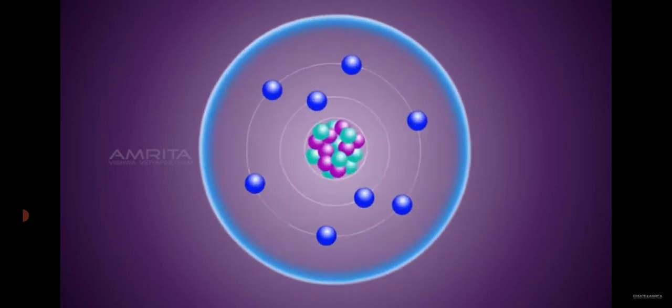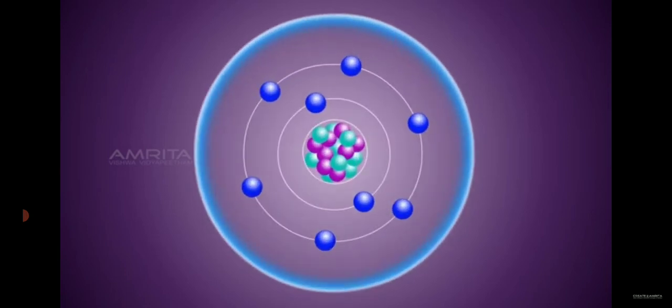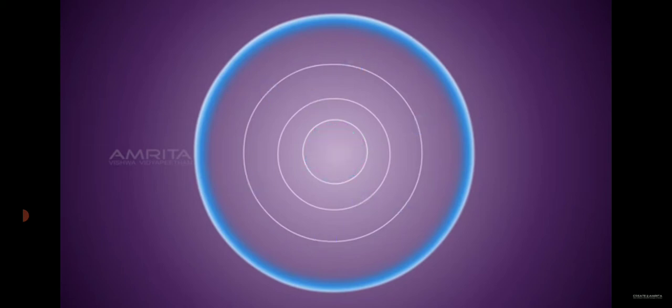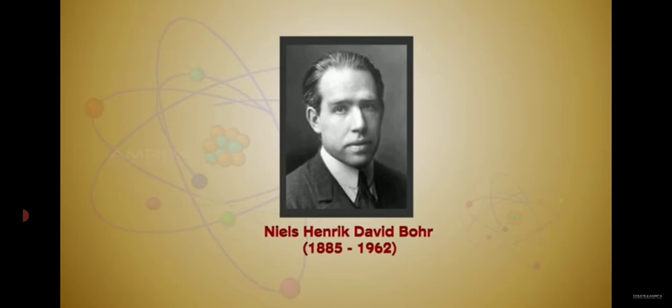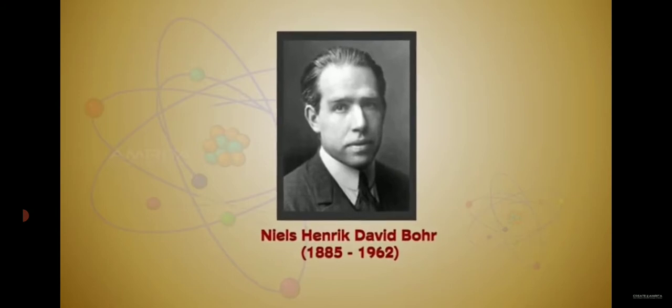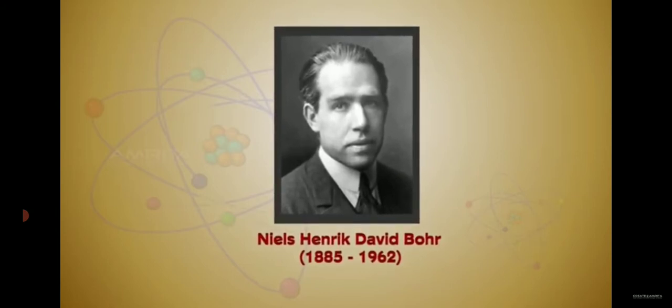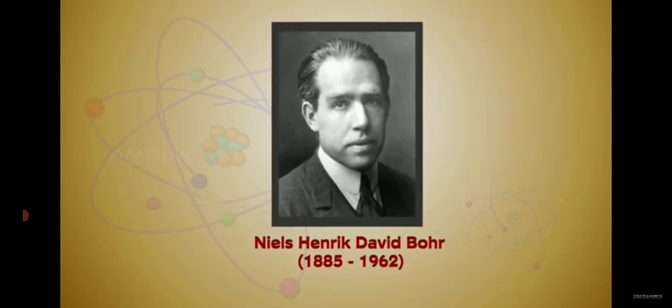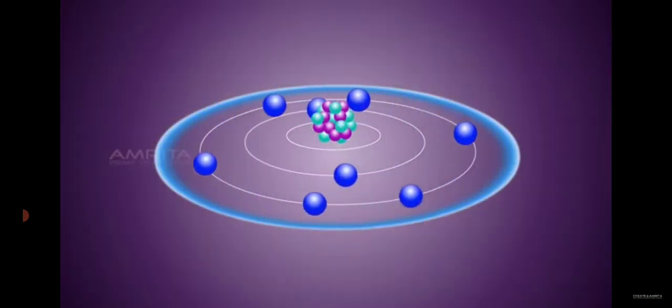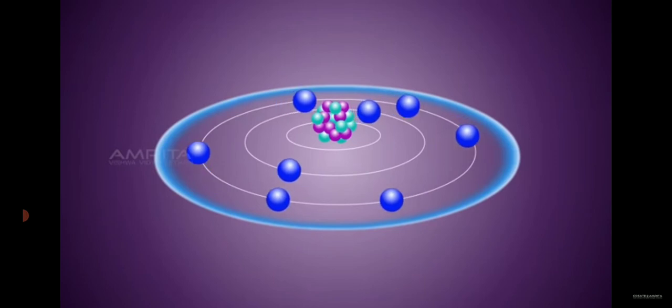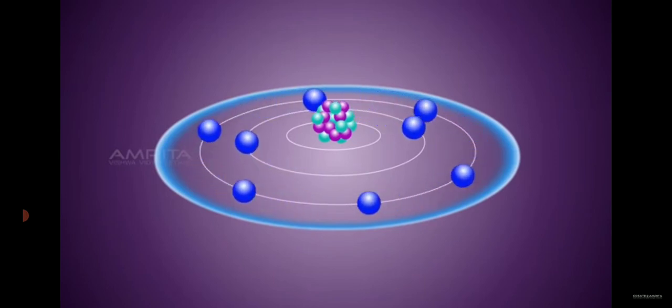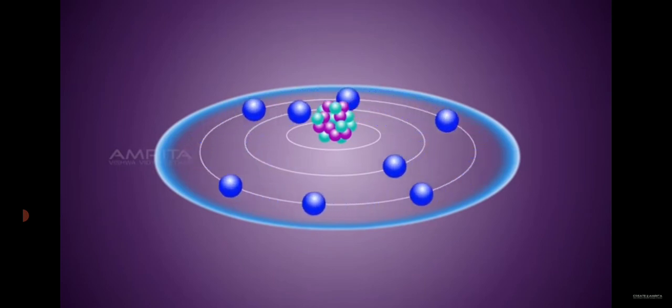So, electrons are distributed in definite paths around the nucleus called shells or orbits. This concept was introduced by Niels Henrik David Bohr. According to Bohr, different electrons revolve around the nucleus in their own different orbits.